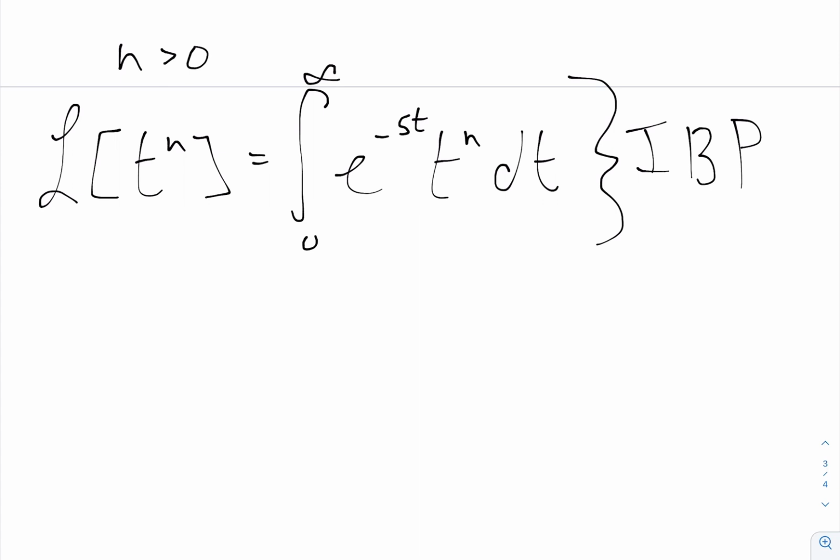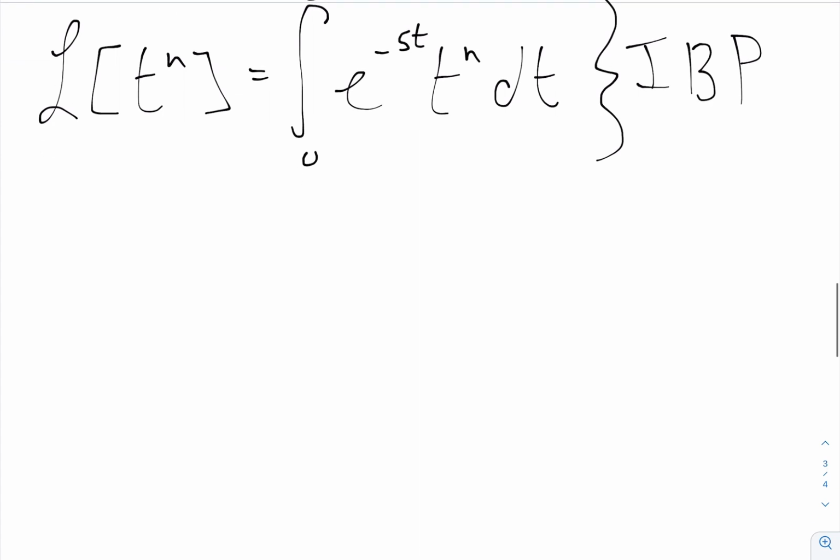So we're going to say u equals t to the n, because it's algebraic. In the acronym I created before, it was LIATE, so E is exponentials and T is algebraic. That one's going to be your u there.